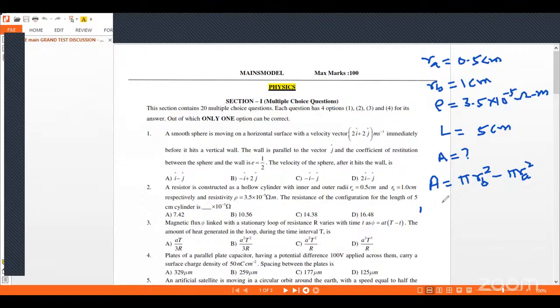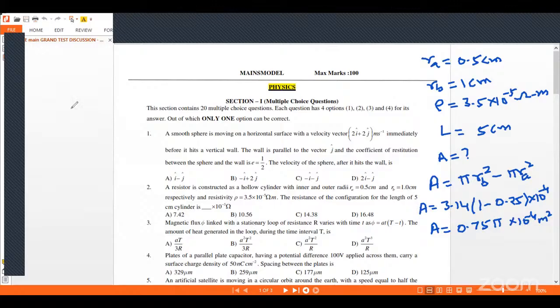So it is 3.14 into (1 minus 0.25) into 10 power minus 4, converting into meter. So area I can write as 1 minus 0.25, that means 0.75 pi into 10 power minus 4 meter square.